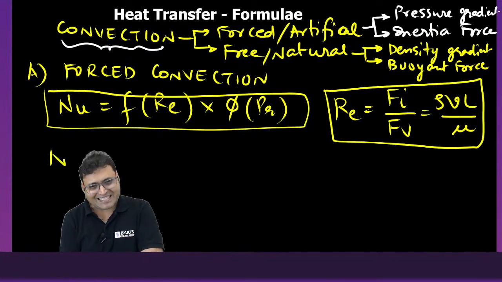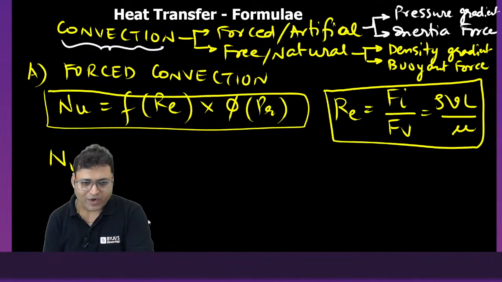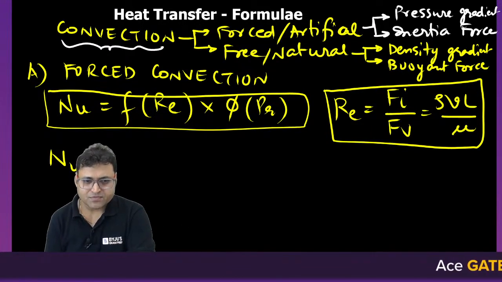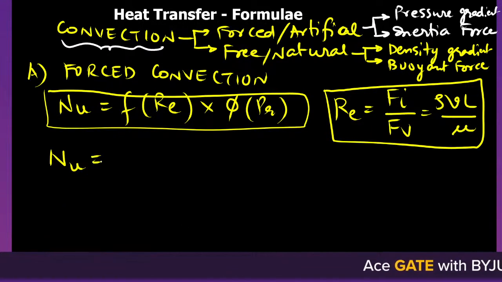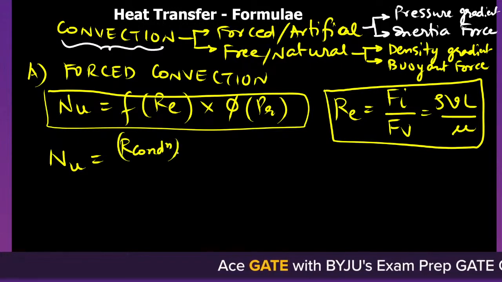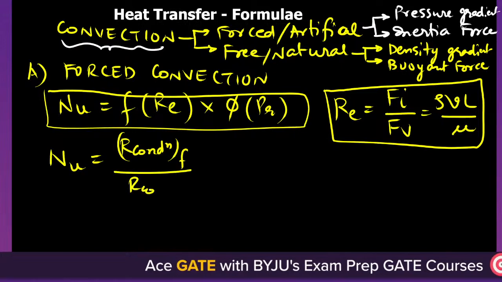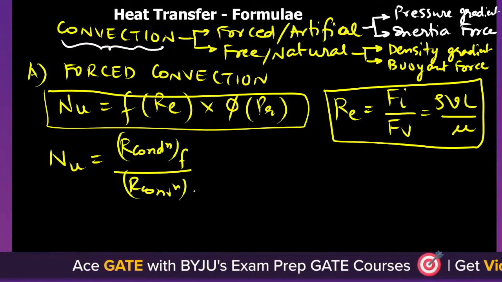What is the Nusselt number here? Nusselt number is the ratio of conductive thermal resistance in the fluid to the convective thermal resistance in the fluid.